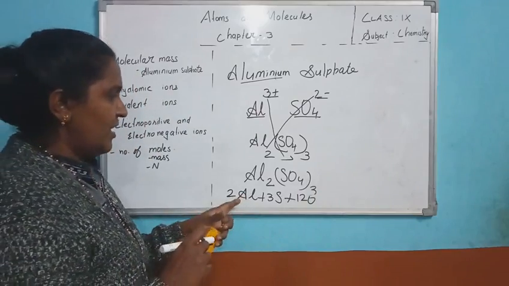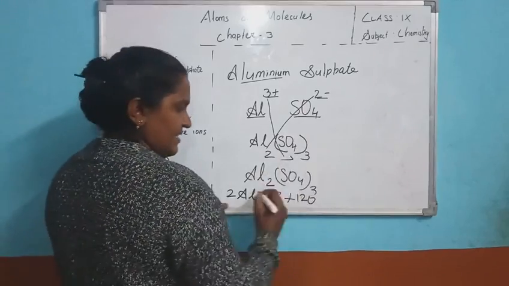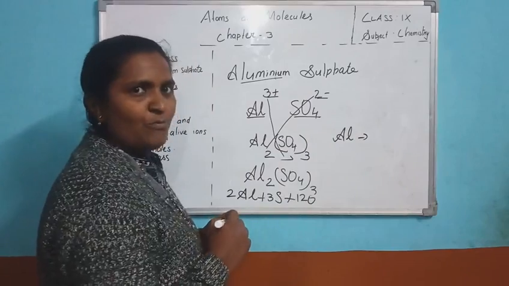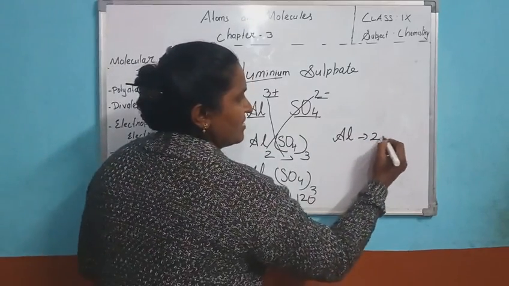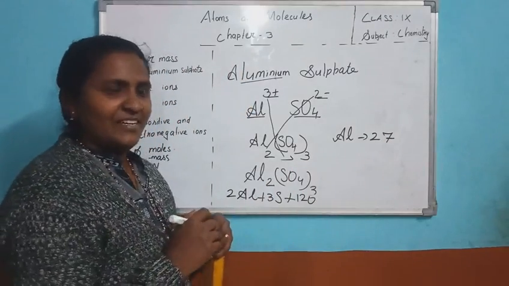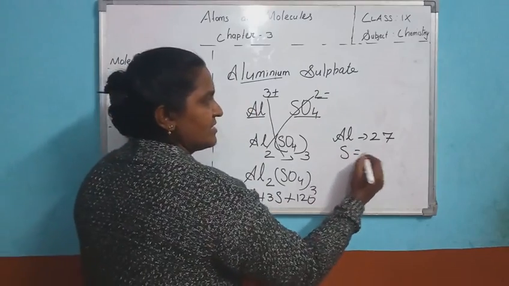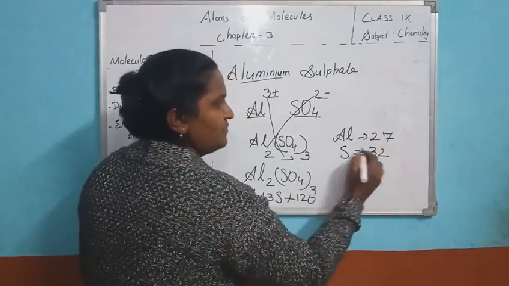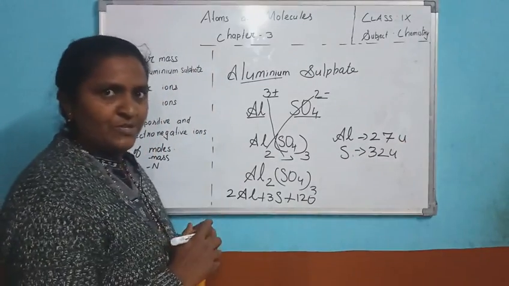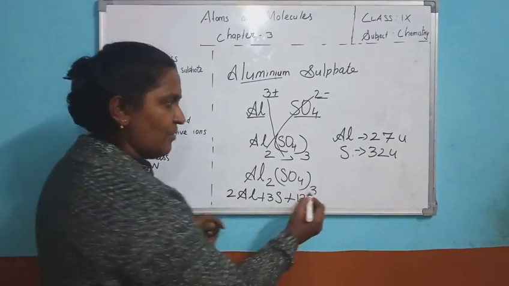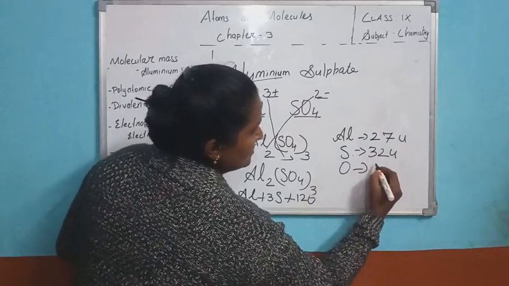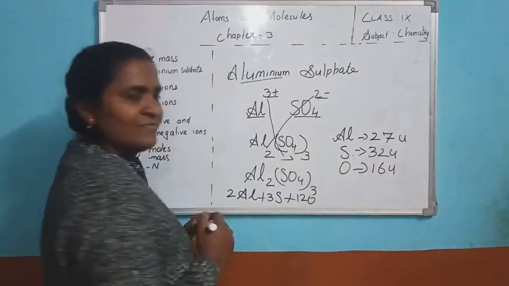Each element has its own mass. The mass of aluminium is 27, sorry, 27. The mass of sulfur is 32 U. U means unified mass. And each oxygen mass is 16 U.